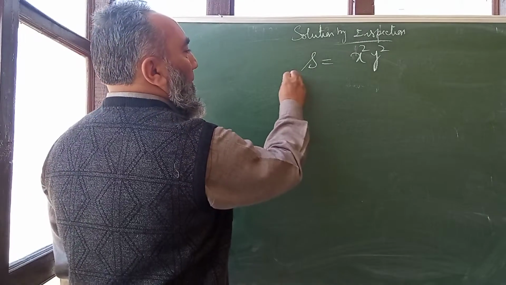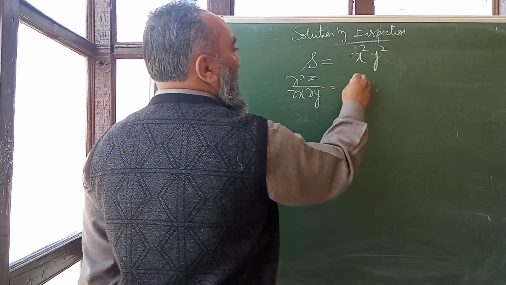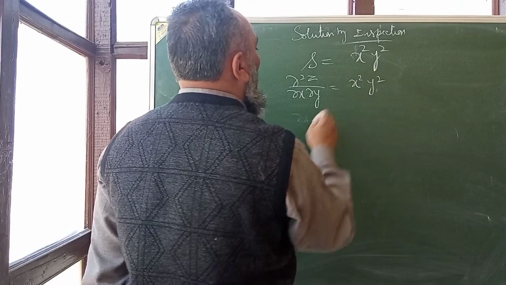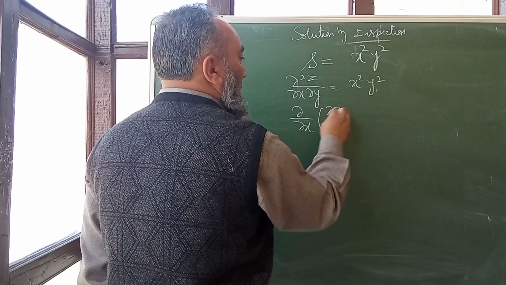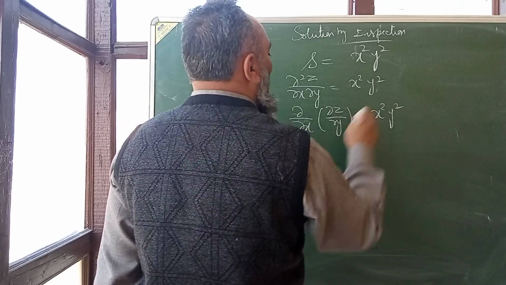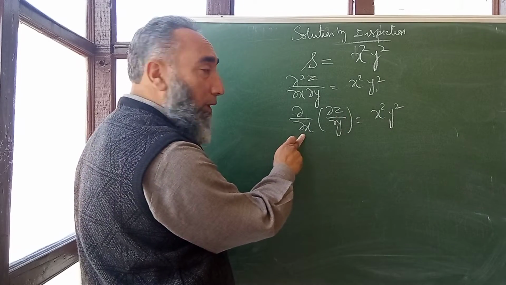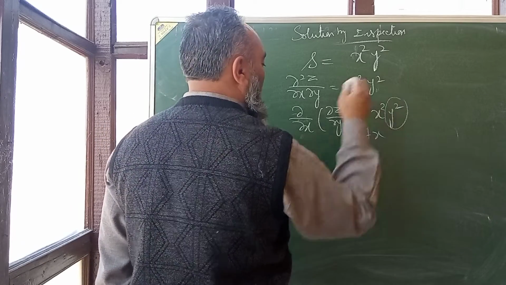What is s? It is del 2z by del x del y, equal to x square y square. Now, this can be written as del by del x of del z by del y. Now you have to integrate with respect to x. With respect to x, y is constant.